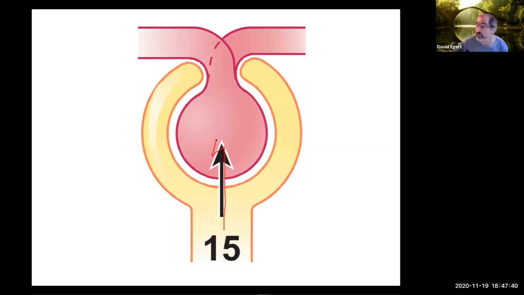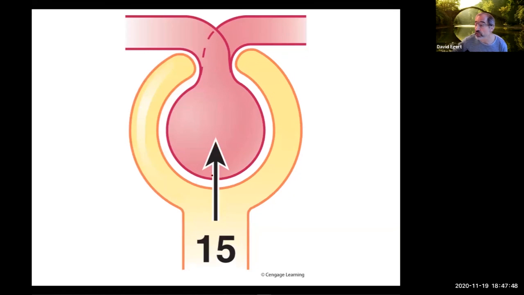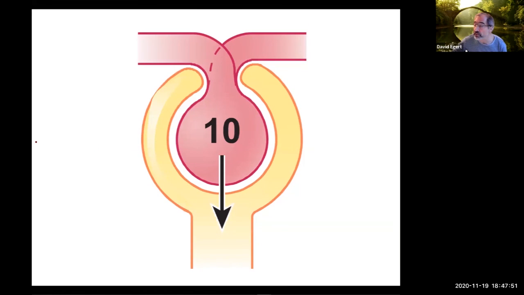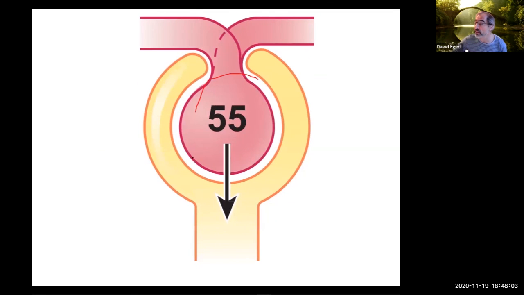About 15 millimeters of mercury is the capsular hydrostatic pressure, basically the back pressure, which means net filtration pressure is about 10 millimeters of mercury overall. And that's what's driving filtration. Again, if your overall blood pressure drops too low, so you don't have this original one, then your filtration stops and you're going to be in renal failure.